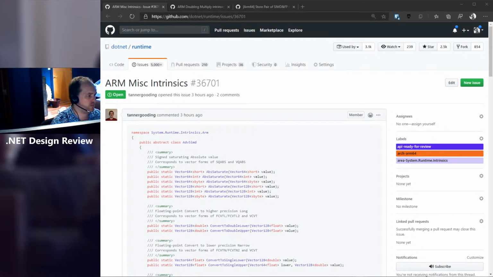I guess that's a general naming, because it's not that the lower half is involved. It's returning the lower one.